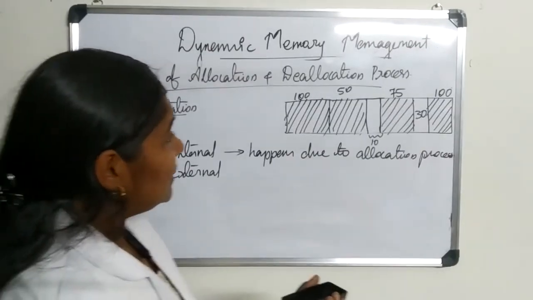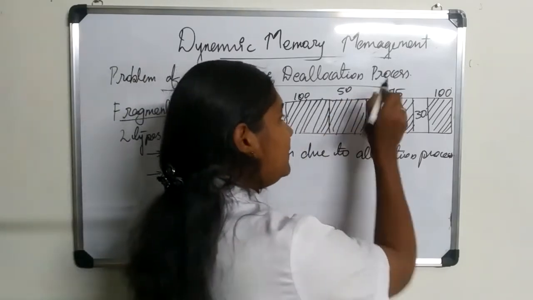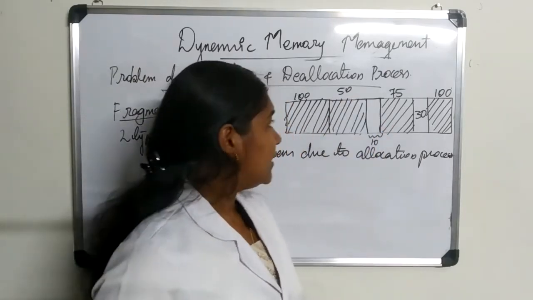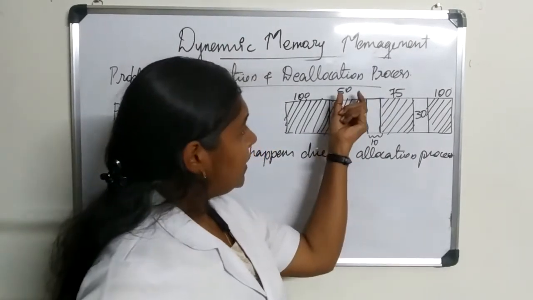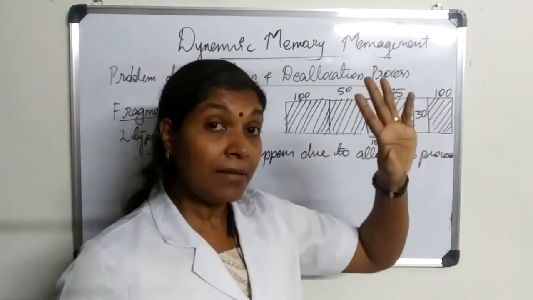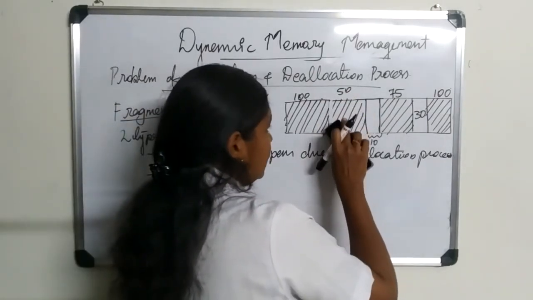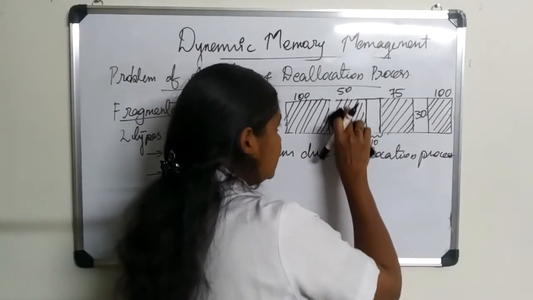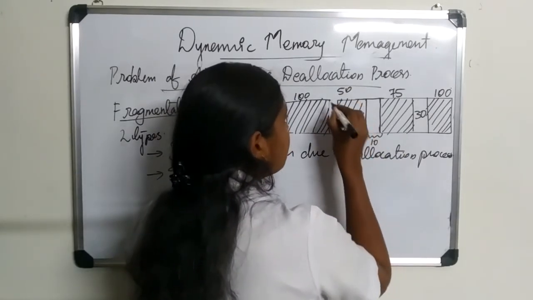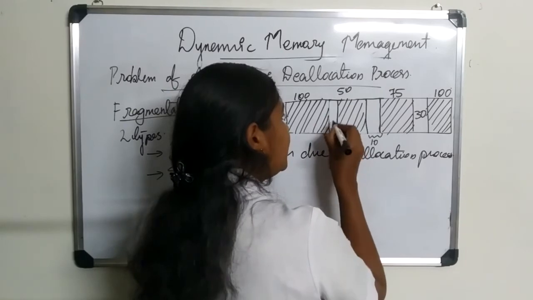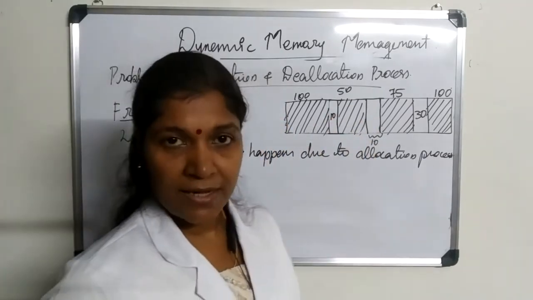Suppose this block of 50 bytes, the second block of memory, was allocated to some program, and out of this 50, some 10 bytes are freed up first. Can you imagine? In between, some 10 bytes of memory got freed up. The remaining 40 is only required. That is a free area right now.